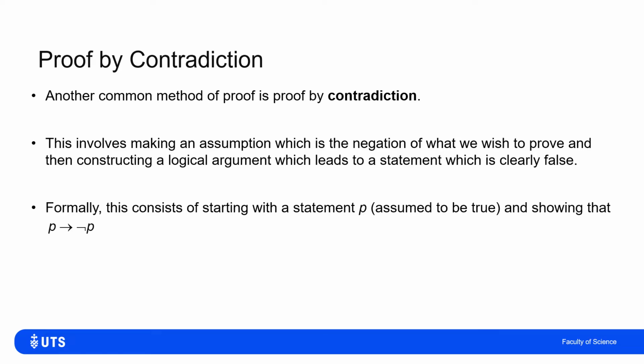And then if I reach a statement which is definitely a contradiction, a sort of P implies not P, that if P is true, P is also not true, well, that can't be right. So if my logical argument is correct at every step, the only part of it that can be wrong is the original assumption.